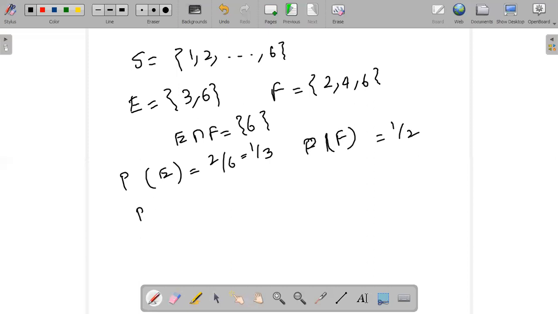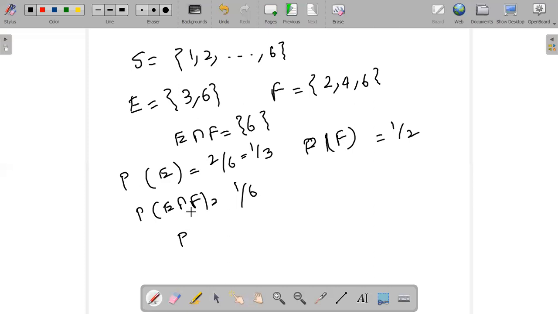And P of E intersection F will be 1 by 6. So now the question is to find whether E and F are independent.